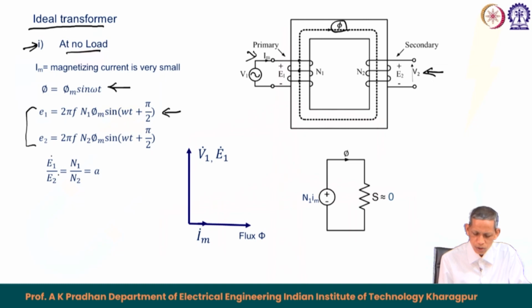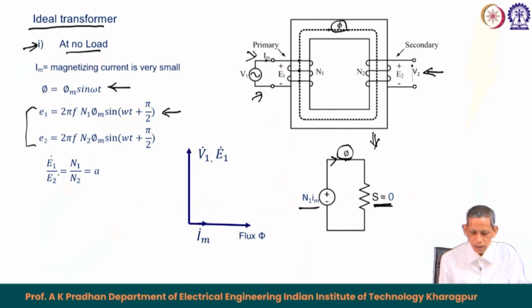Now, in this situation, if you see this circuit as a magnetic circuit, we see that there is an ideal transformer. The primary is energized with a sinusoidal voltage, resulting in a magnetizing current. So, n 1 into I m, the instantaneous value, establishes an instantaneous flux in the core, and then the corresponding S. As already mentioned, for the ideal transformer case, this S becomes negligible, tends to 0.